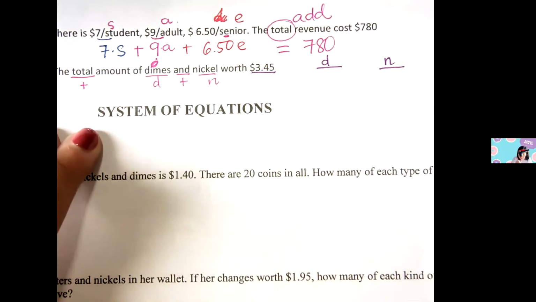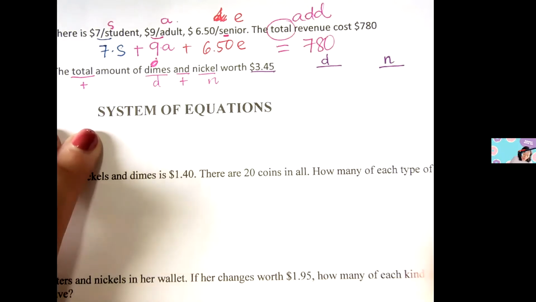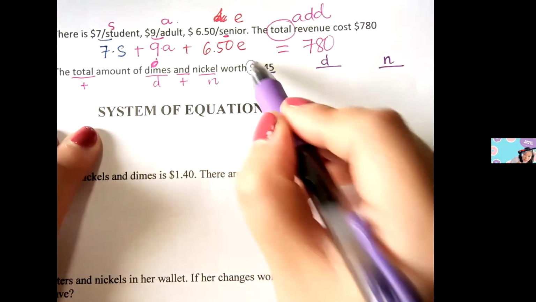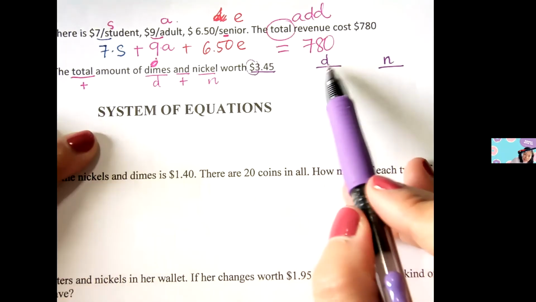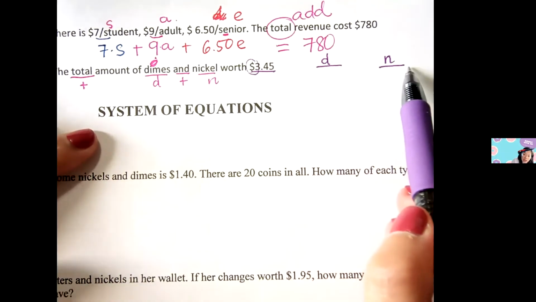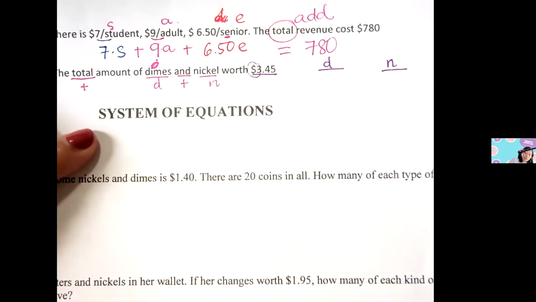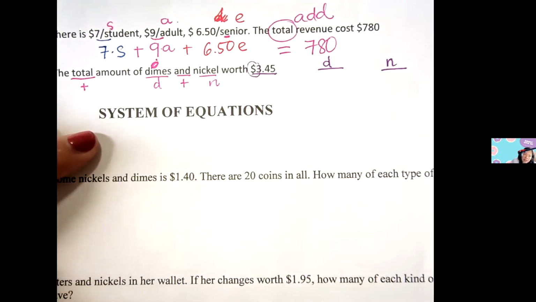Okay, you're breaking it down. Beautiful job. Whenever we're talking about dollars right here, remember to translate the value of a dime and a nickel into dollars. We cannot use the cents for this one. We have to use dollars.